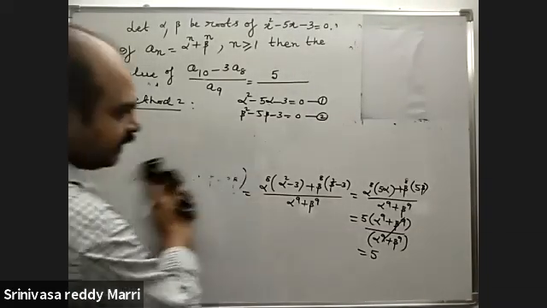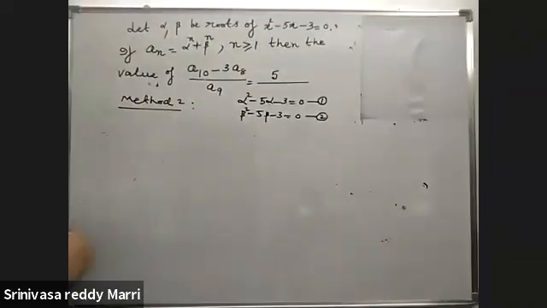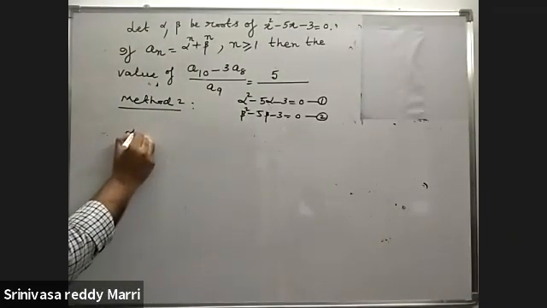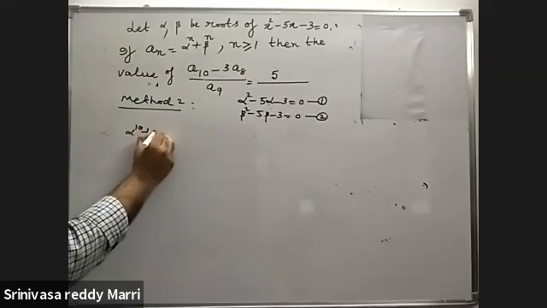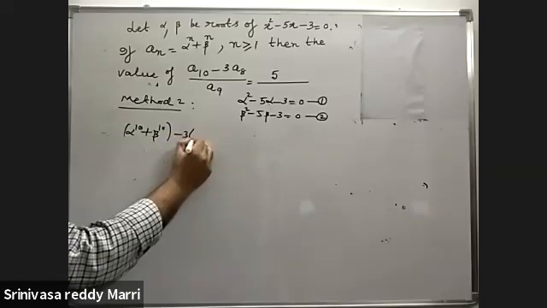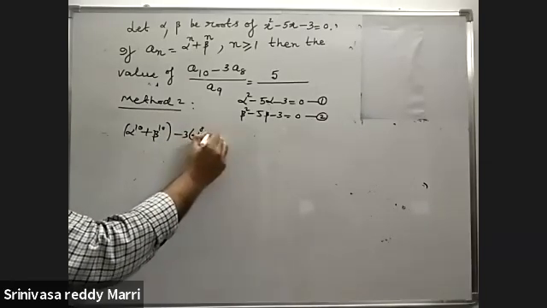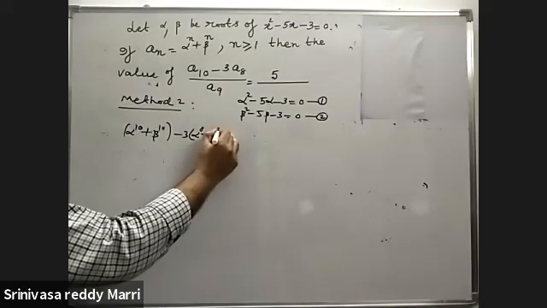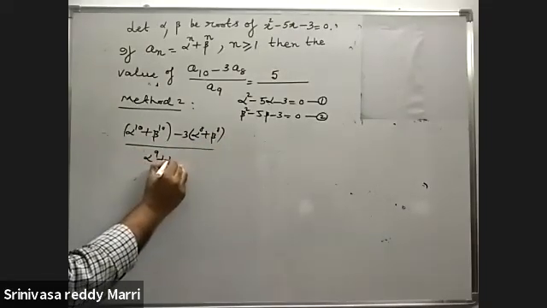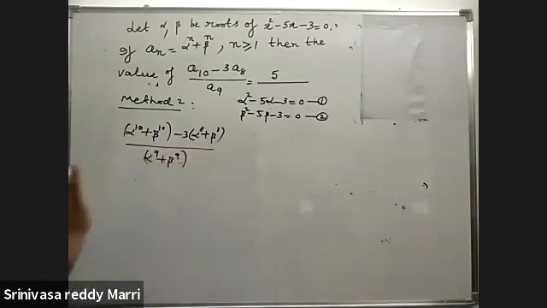So now what he is asking is power 10. So what you want is alpha to the power 10 plus beta to the power 10 minus 3 into alpha to the power 8 plus beta to the power 8, divided by alpha to the power 9 plus beta to the power 9.